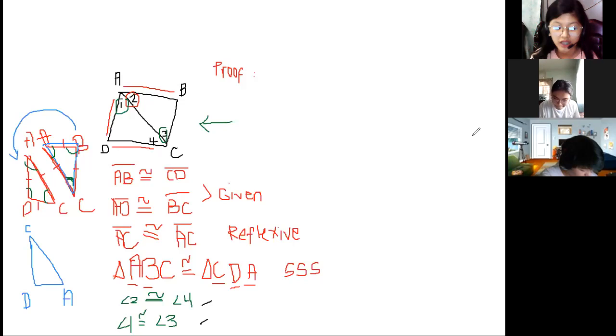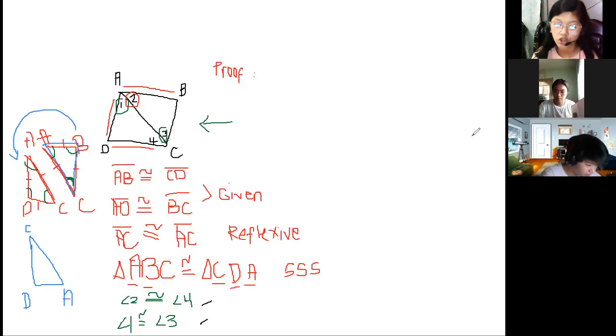Theorem 2, tignan. If two sides of a quadrilateral are parallel and congruent, then quadrilateral is a parallelogram. Therefore, dito sa condition letter A, ano yung kanyang definition or theorem na nag-justify? Theorem number 2 po. 2. Very good.